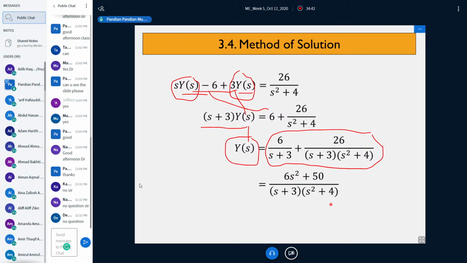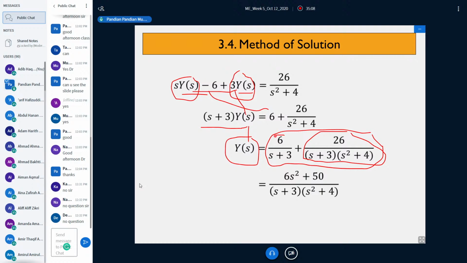Basically, we are referring to partial fractions. Partial fractions are available in table 3.2, slide number 14, form of rational function and form of partial fraction, because there is no direct formula to handle this part.